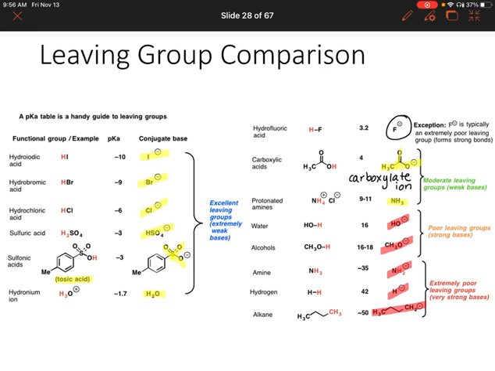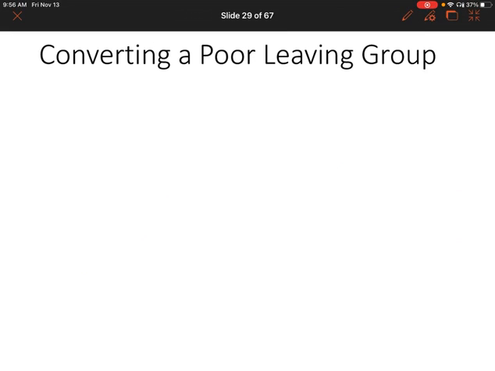Now, there are a few ways that you can convert a poor leaving group into a better leaving group. So let's look at those different methods. For example, let's say that we have an alcohol, but we want to convert that into an alkyl halide.